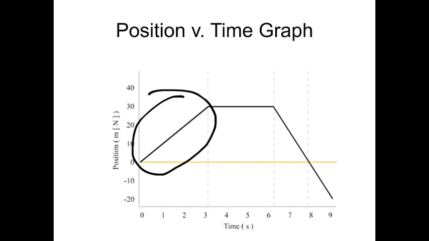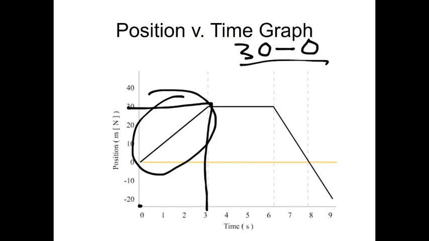At 3 seconds, our y coordinate is, we'll just say, 30 meters. At 0, our y is 0. So 30 minus 0, change in y, over change in x. The x coordinate that goes with the 30 is 3, and the x coordinate that goes with the 0 is also 0. So 30 minus 0 over 3 minus 0 is 30 over 3, which is 10.